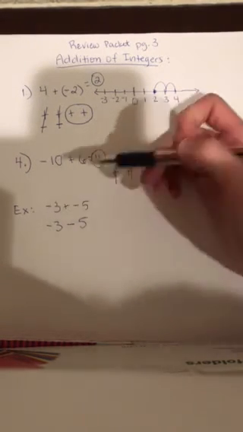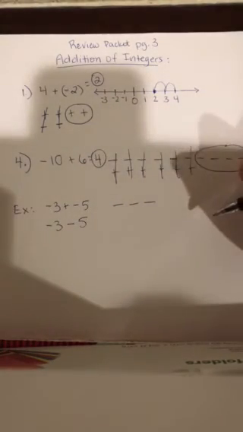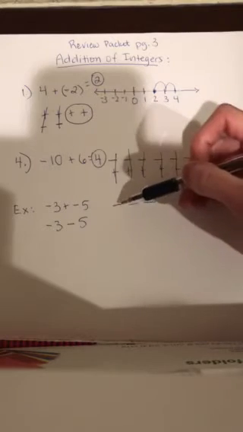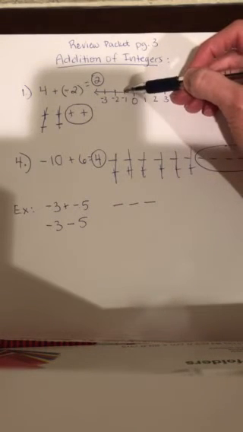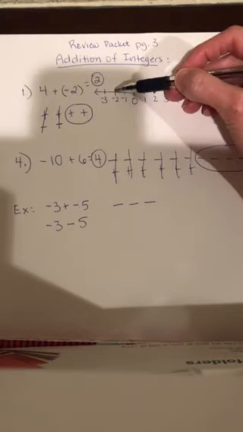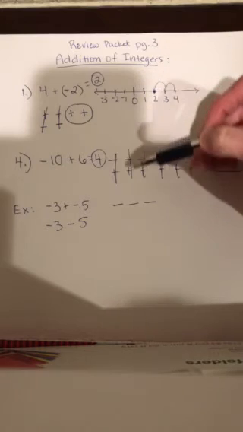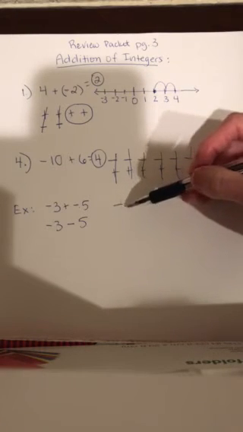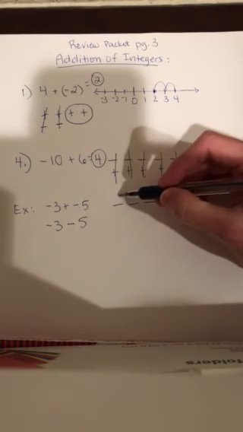Okay, so -3, -1, -2, -3. And then we have a -5. Now if we have a -1 and we move to the left, that is not going to cancel out, is it? We're not going to get back to 0. So what you have to do is you're not going to write these underneath because you're not canceling each other out.